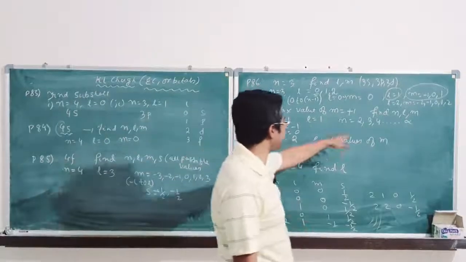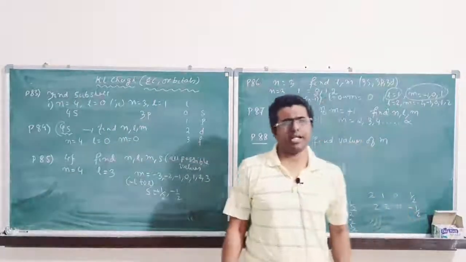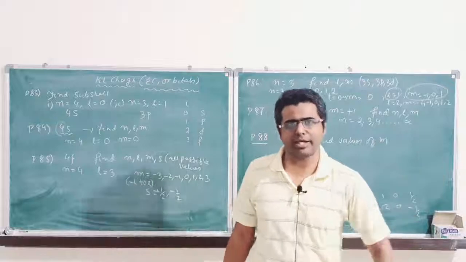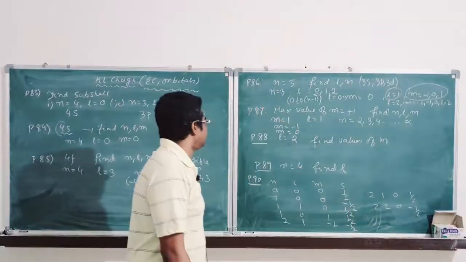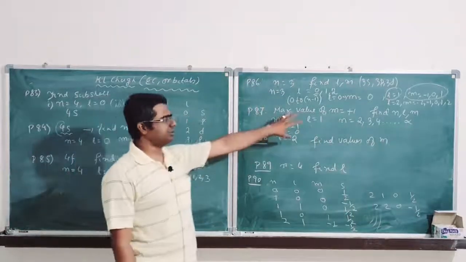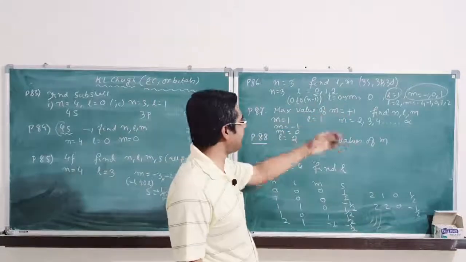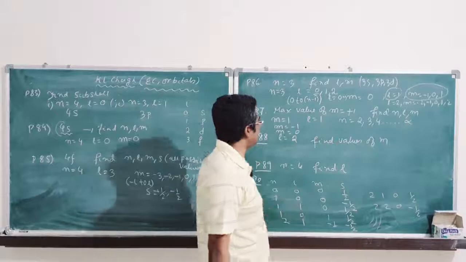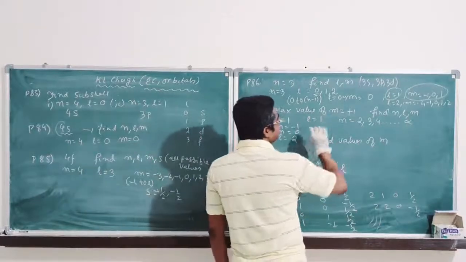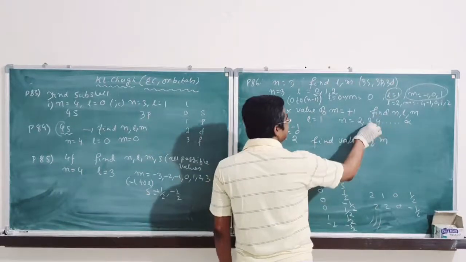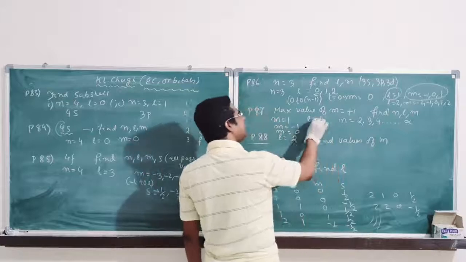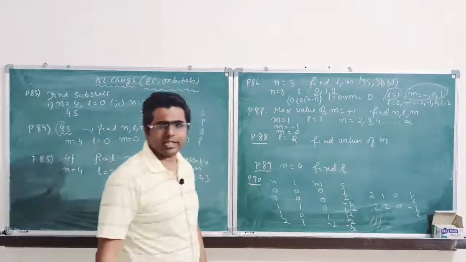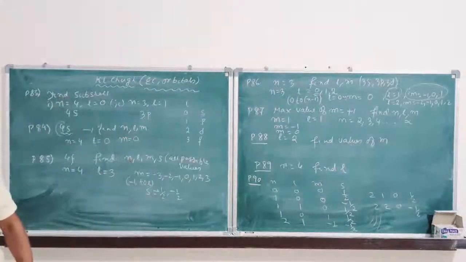After that, n they have given only 2, that is also wrong. n can be 3, n can be 4, n can assume any value. It cannot be only 2, right? It can be anything, because the l value can be 0 to n minus 1. So if n is equal to 3, then there is also a possibility of l value as 1. So that is what it is, nothing else.